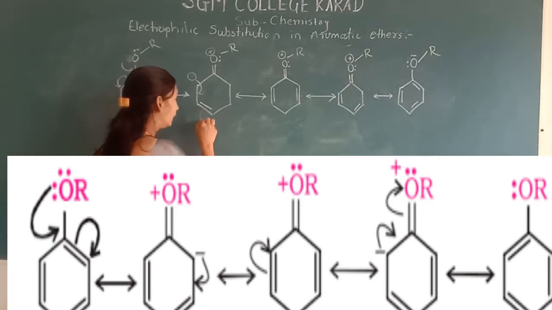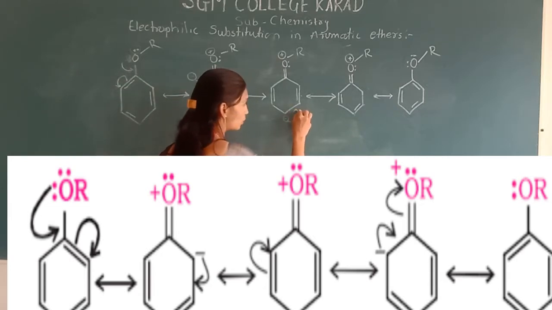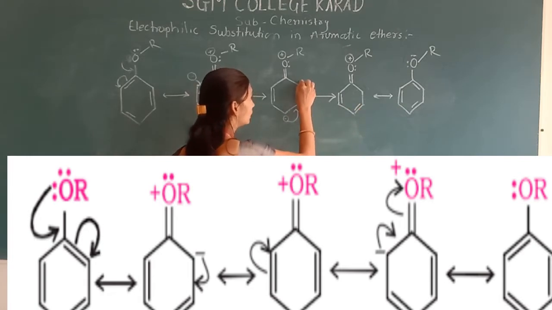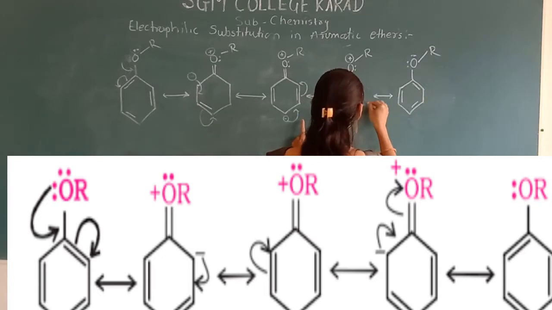Now this double bond also goes here. It forms the negative charge. That negative charge goes here and forms a double bond. Now this one goes here, and a double bond will be formed here.